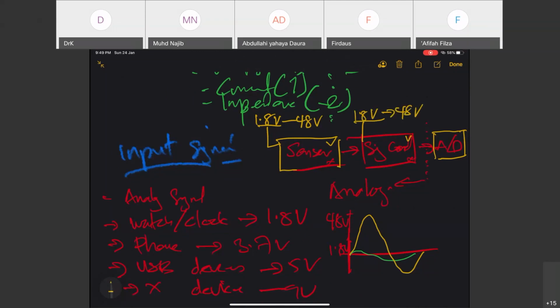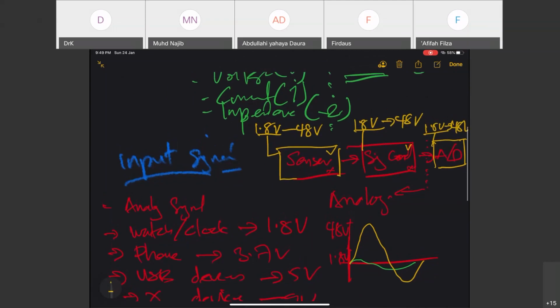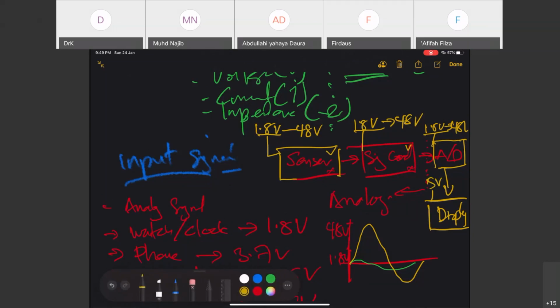Operating system the same as A to D, they come in 1.8 volt up to 48 volt. And of course, sorry, I put the arrow down for display system. Okay, normally works in 5 volt.